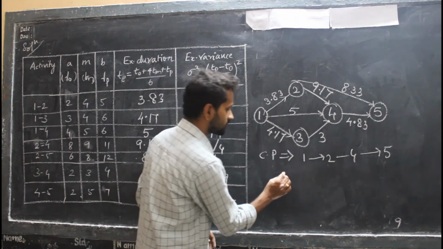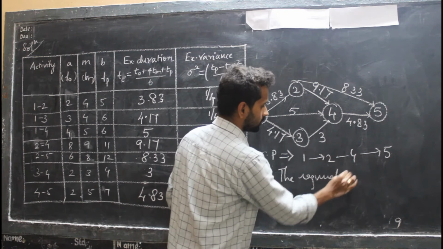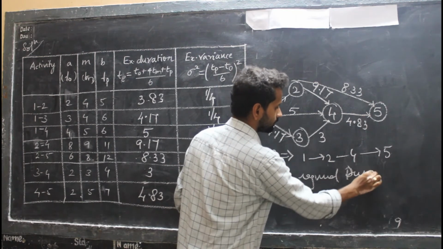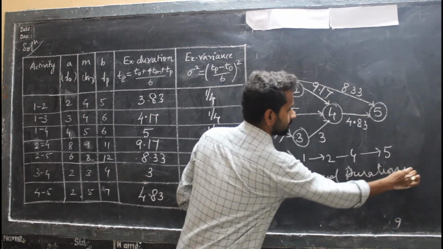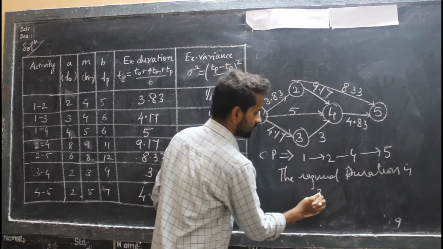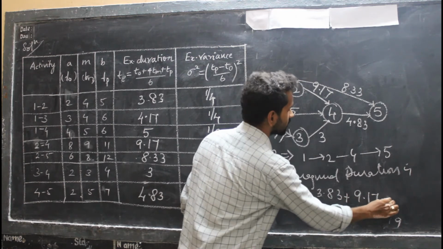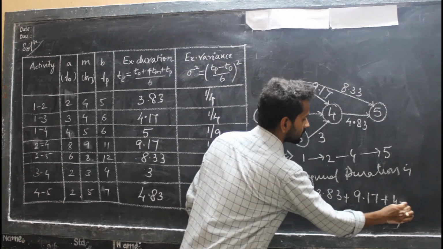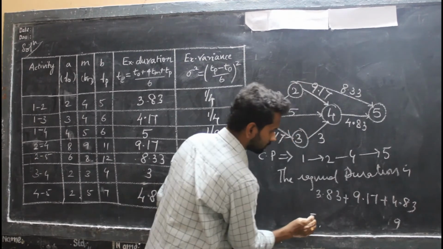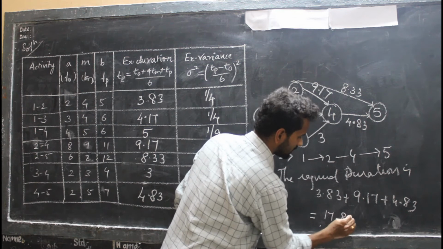So the required duration is 3.83 plus 9.17 plus 4.83 equal to 17.83 days.